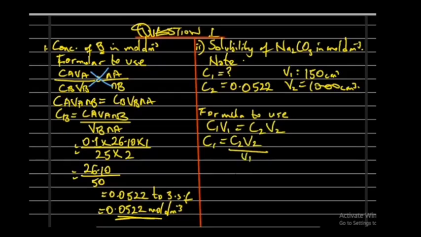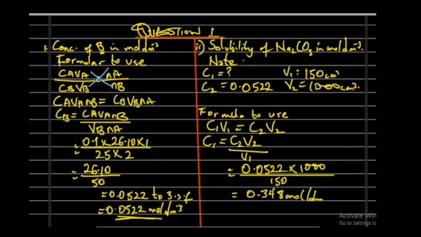When we input our parameters, we'll be having 0.0522 multiplied by our V2 from here, which is 1000, divided by our V1, and our V1 there is 1. So this is going to give us 0.348 moles per dm cube. So this is the answer that we get for that second question.